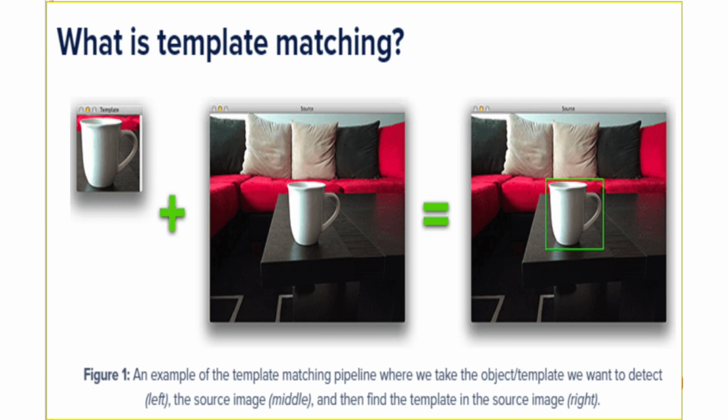We have to train multiple cup designs for the pre-trained model, and then we compare whether any cup is present in the image, so that image can be detected by template matching. Whenever we match this template to the image, the green square is a cup. Yes, so we have done the template matching with this formula.